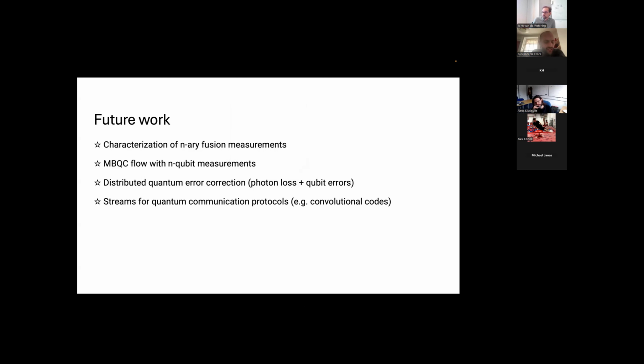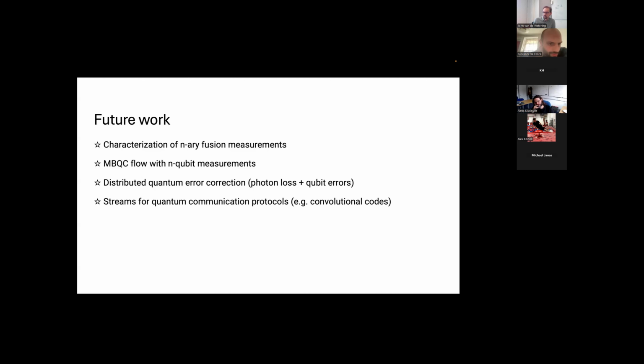Some are called GHZ analyzers, but I think there could be a lot of other possibilities in studying these. And also flow needs to be extended to handle multi-qubit measurements. And that's one of the directions.